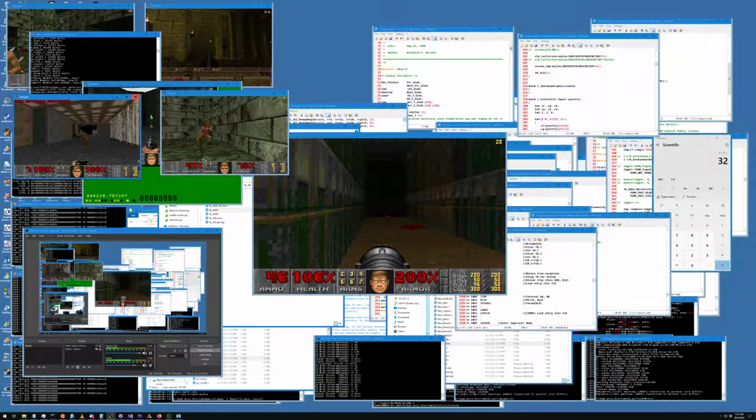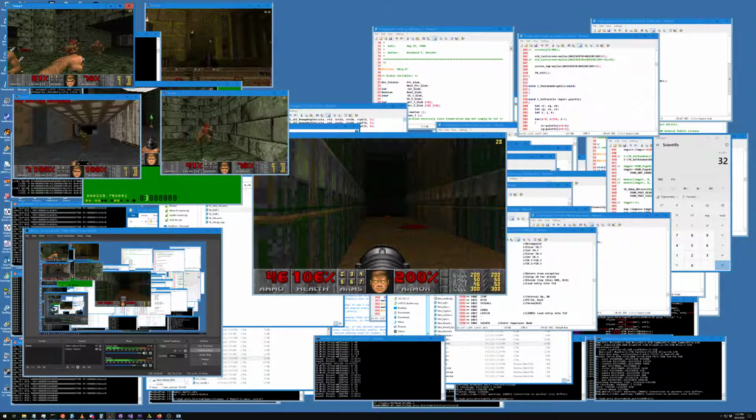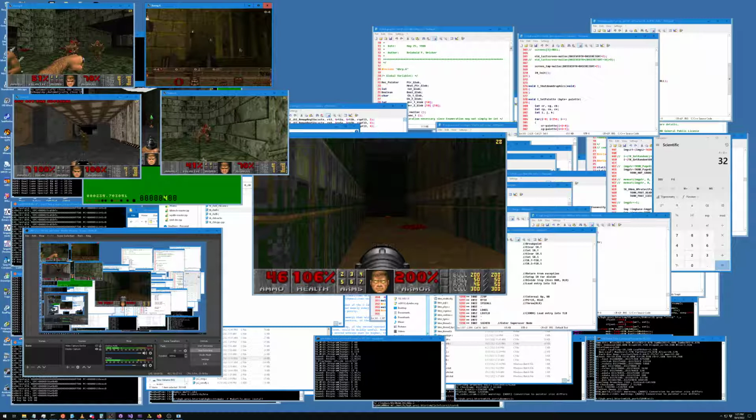So this shot was 13, a little bit slower, but that's more representative of how it would run on the FPGA version. And also Quake with its epic 4 frames per second.